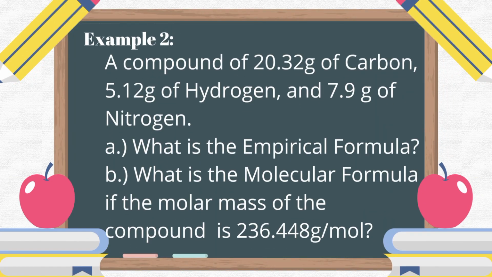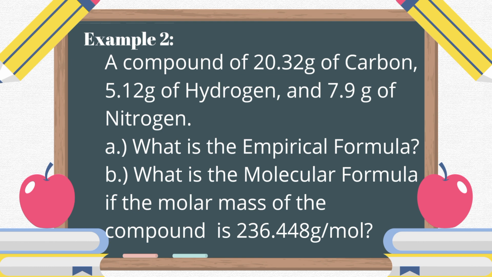So I have here another example, same ra gihapon ang iyang process. So here we are given tanang grams of the elements in the compound. So a compound of 20.32 grams of carbon, 5.12 grams of hydrogen, and 7.9 grams of nitrogen.